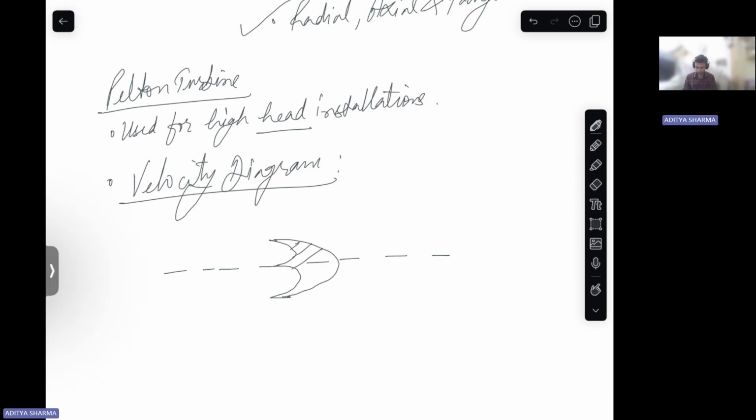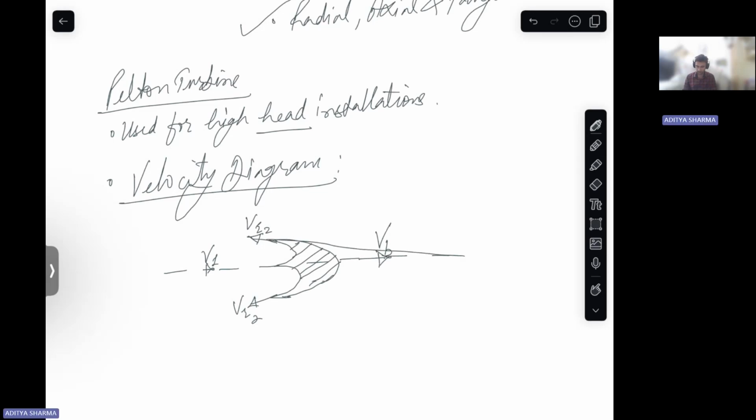So this is your cross section area of Pelton turbine. Then the absolute velocity enters this way, right? Exits in this direction. This is the relative velocity VR2. This is VB, the blade velocity.